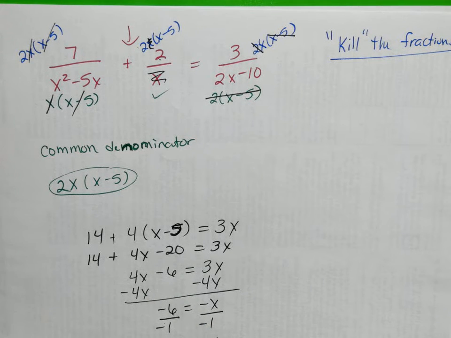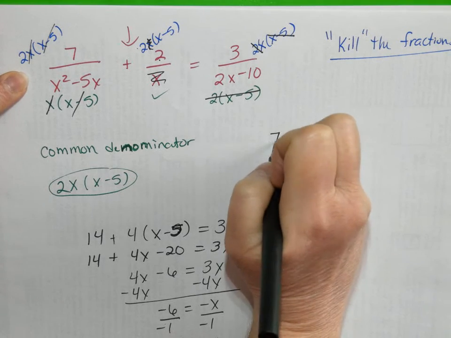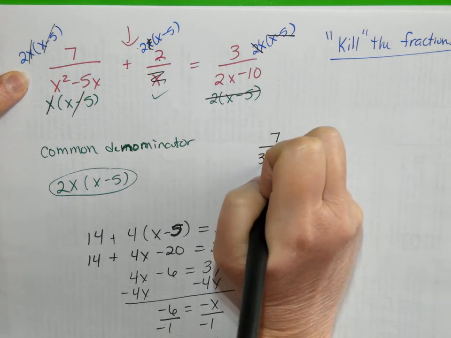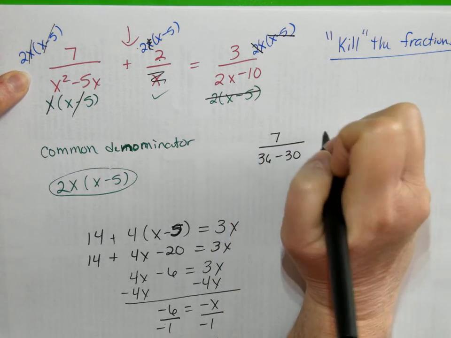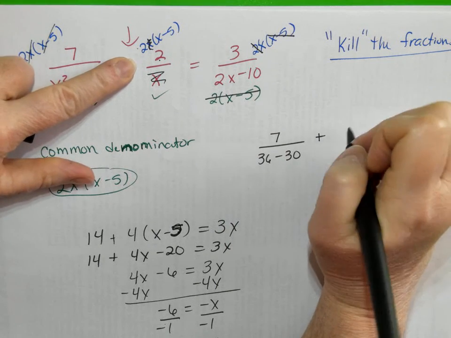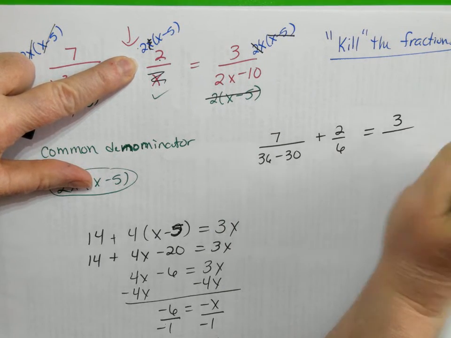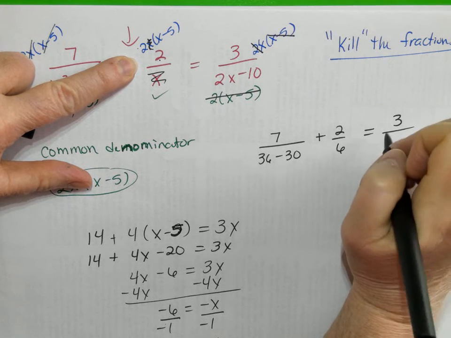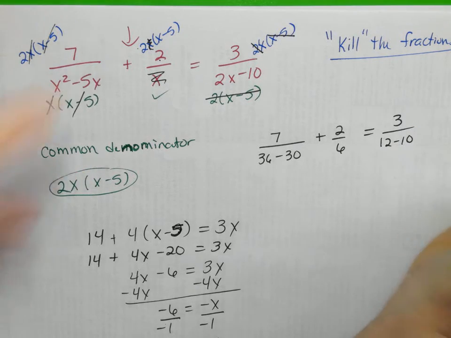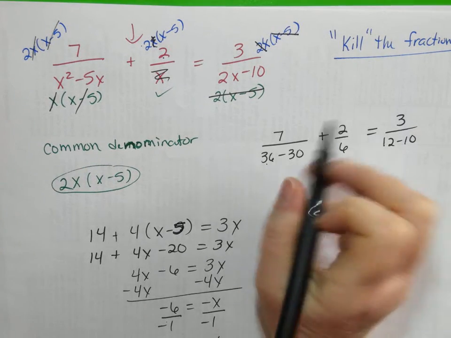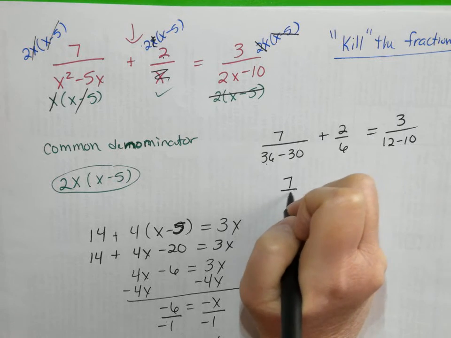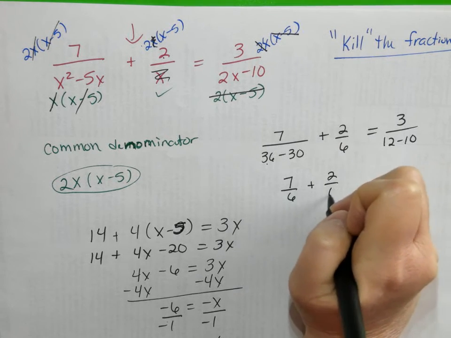Now let's check and make sure that works out okay. So that's 7 over 36 minus 30 plus 2 over 6 equals 3 over 12 minus 10. Well, 36 minus 6 is 6, so that's 7 over 6 plus 2 over 6.